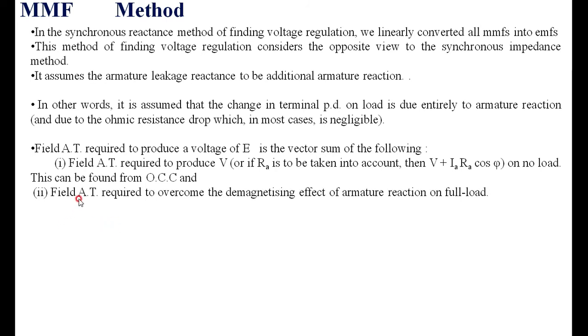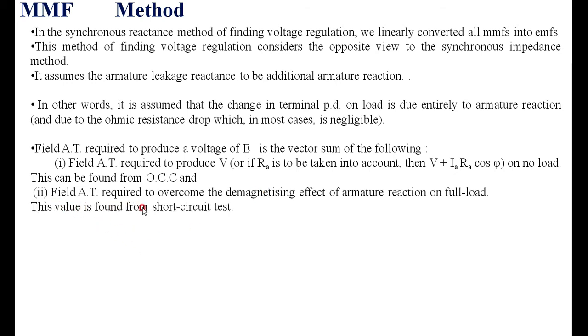The second one is the field ampere turns required to overcome the demagnetizing effect of armature reaction on full load. One is the field current corresponding to V plus IRA cos phi, and the other is the field current required to overcome the armature reaction. This is IF1 and this is IF2.